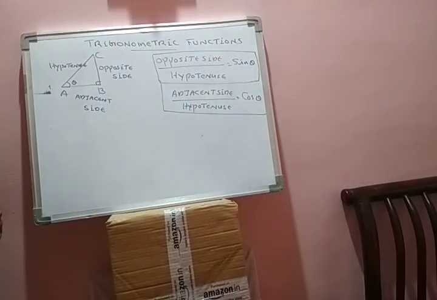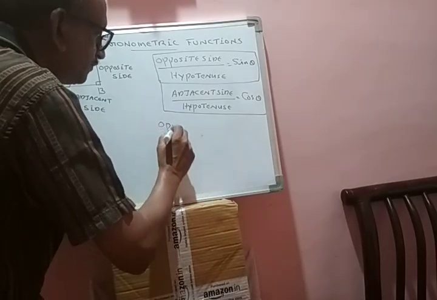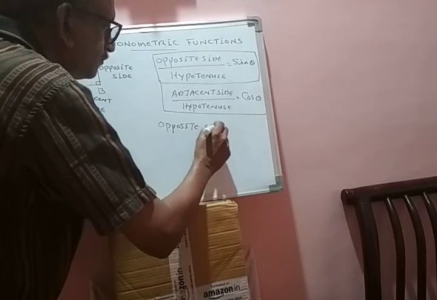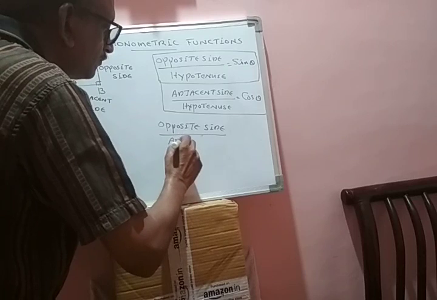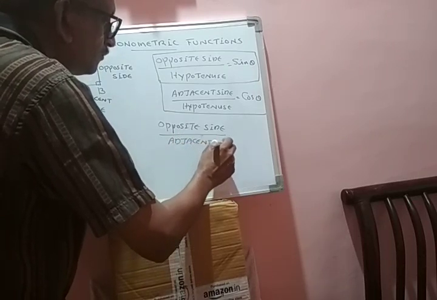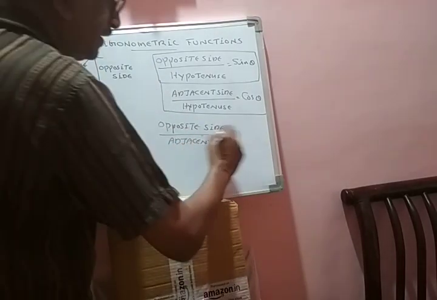Then the third ratio, opposite side by adjacent side. Opposite side divided by adjacent side, we get a third ratio.